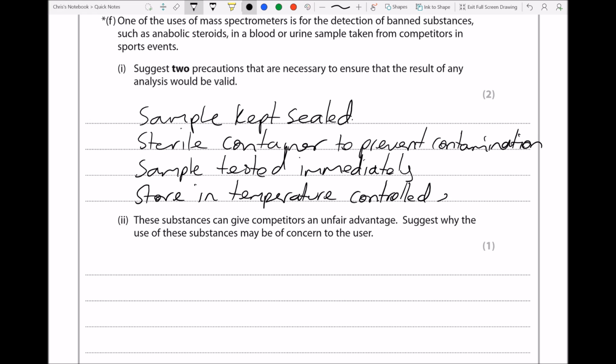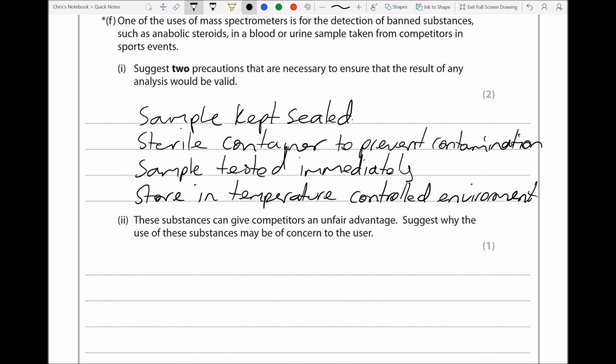Anything like that. Obviously, I've put more than 2 there, but anything that suggests you keep your sample up to scratch and make sure it's stored correctly and you're not going to get any contamination or anything like that.